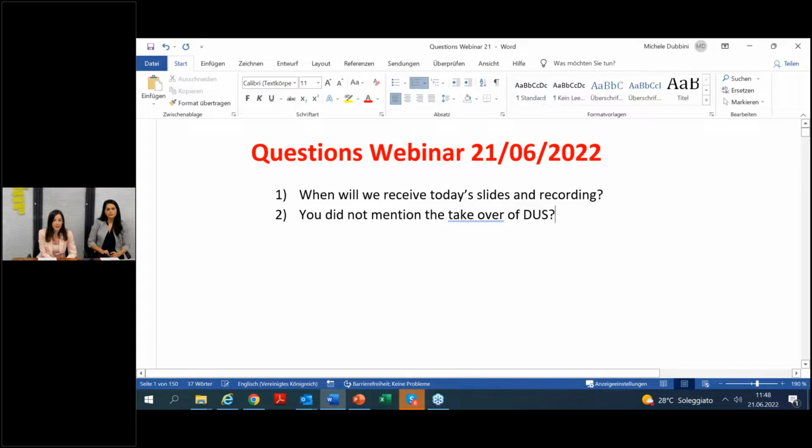So in these cases, the CPVO can rely on this final report. For reasons of efficiency, we take over the report and deem it as valid in order to decide whether to grant or not the community plant variety right. So indeed, this is a possibility.